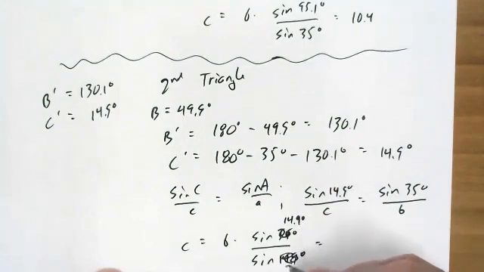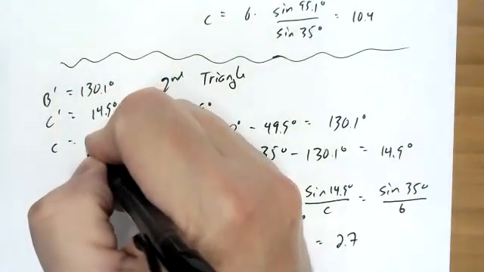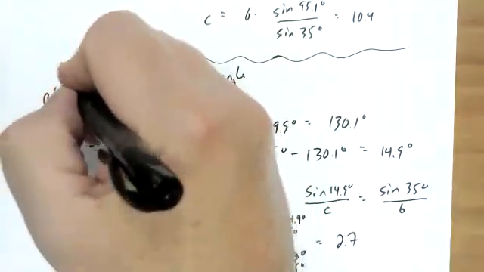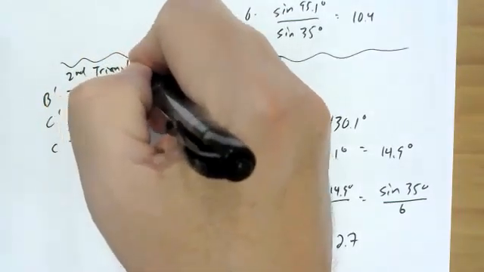Guess it's been a long day, not focusing very well. Try this again. 14.9 times the sine divided by 35 times the sine, then times 6, 2.7, which is actually correct. So there is a second triangle.